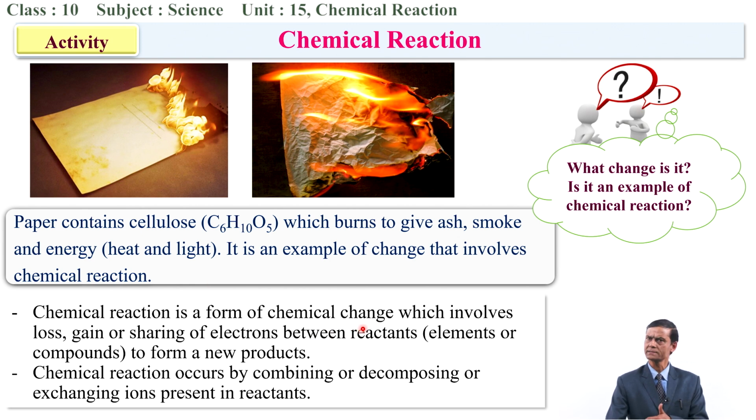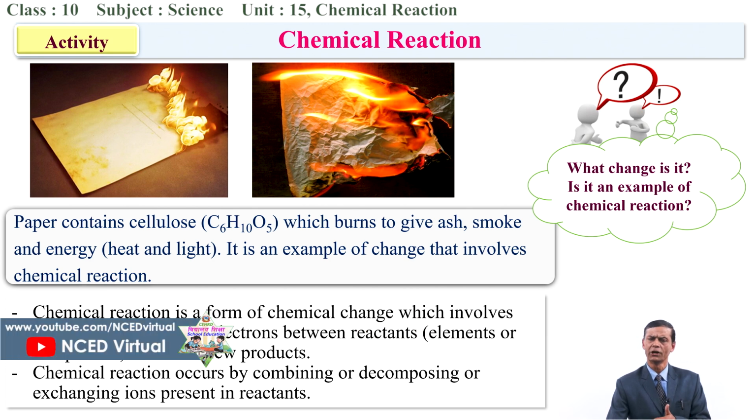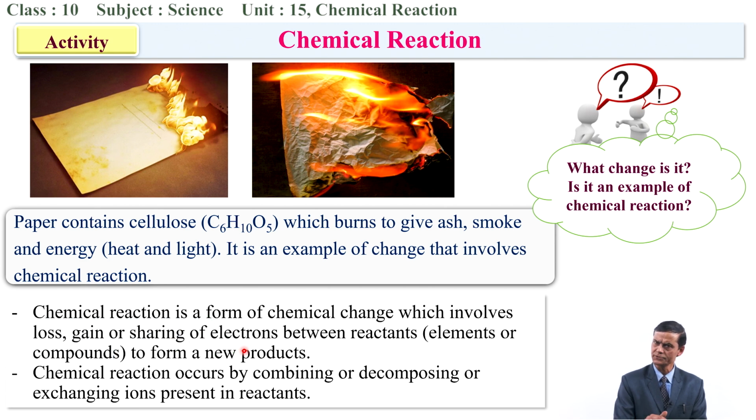Remember, chemical reaction is a form of chemical change in which new substances are formed, isn't it? It involves loss, gain or sharing of electrons. There are atoms and molecules in the substances where sharing, losing or gaining of electrons is involved in the reactants so that a new substance can be formed, isn't it? The reactant means this can be an element or compound to form a new product.